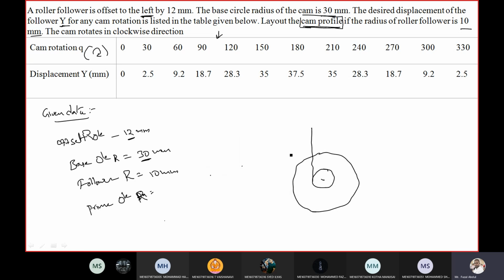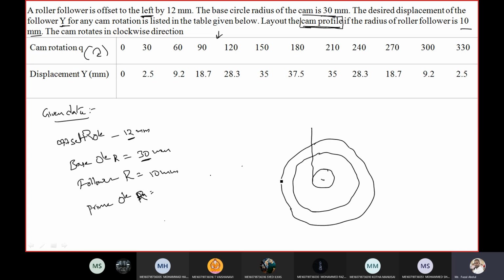So measure 40 mm with the compass as the radius and draw the prime circle. I am drawing the prime circle.